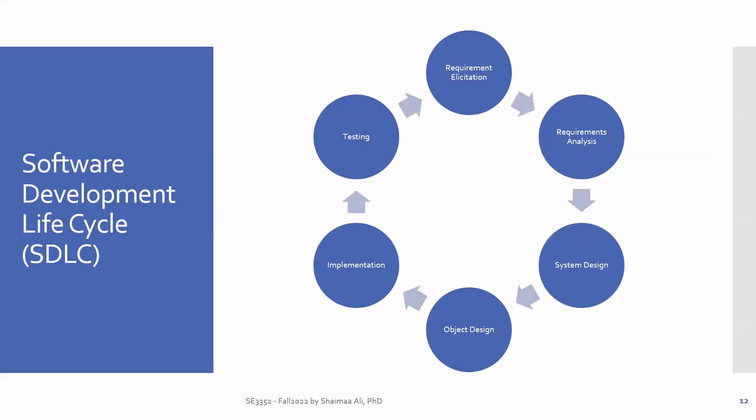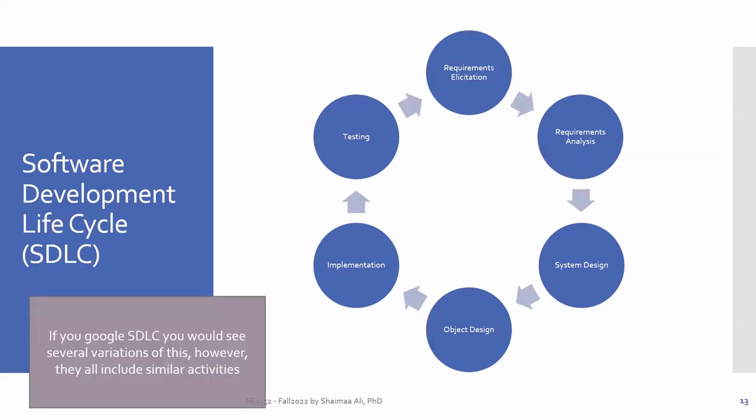Now, if you Google software development lifecycle, you will get something similar to this. There will be some variations in the wording, some different language, but in general, more or less, it's pretty much what we have here. We have some activities related to requirements, some related to design, and then implementation and testing.